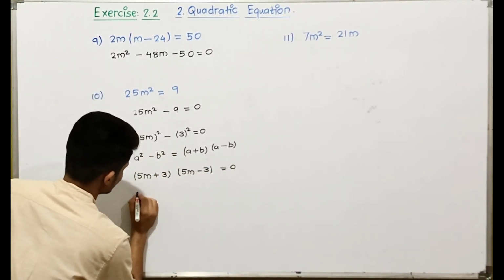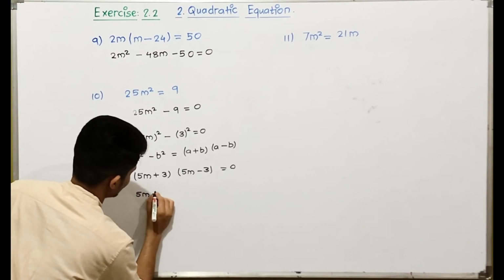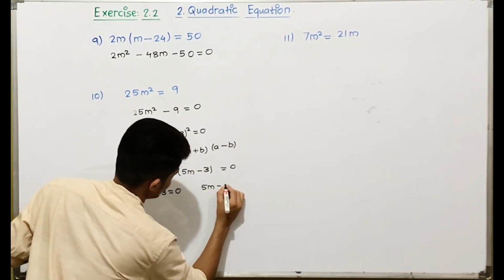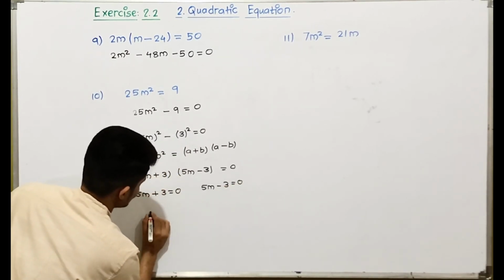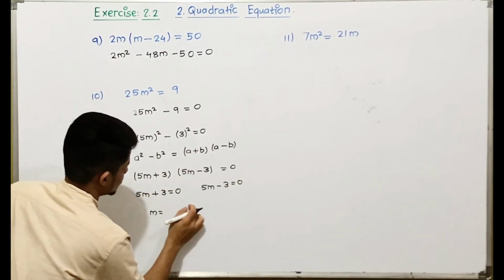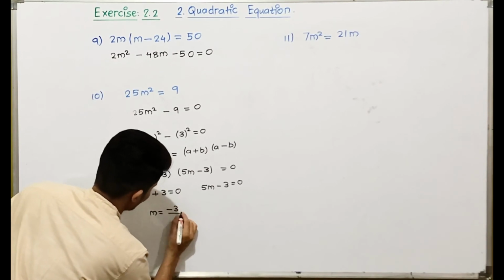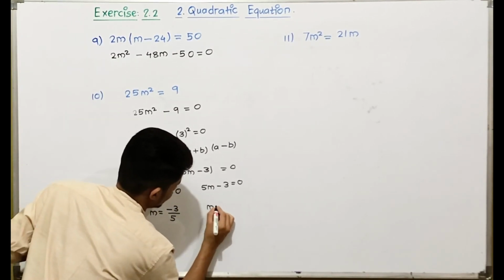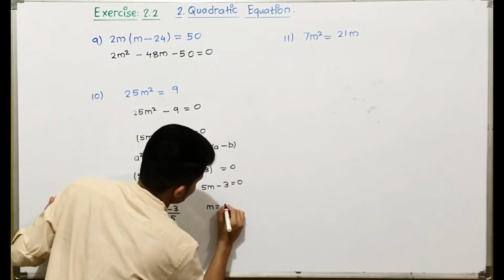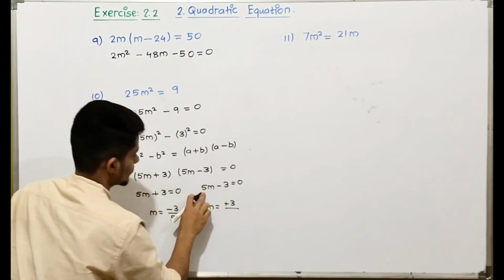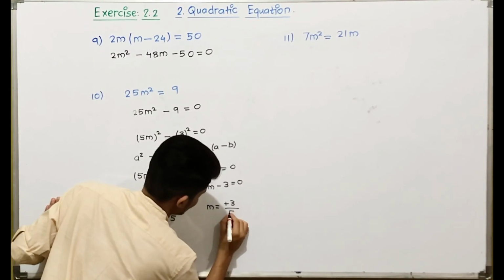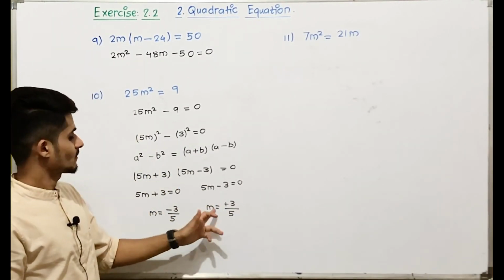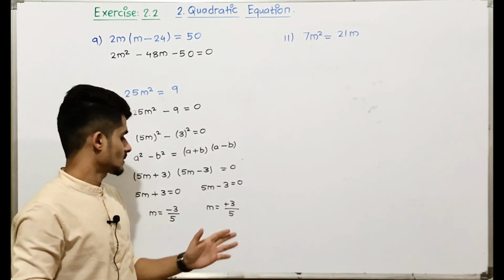We'll equate this with 0, that is 5m plus 3 is equal to 0 and 5m minus 3 is equal to 0. So m is equal to, this plus 3 goes there, minus 3, and 5 here is multiply, it will go there and divide. Similarly m is equal to, minus 3 goes there, plus 3, and 5 here is multiply, it will go there and divide. So value of m is minus 3 by 5 and value of m is plus 3 by 5.